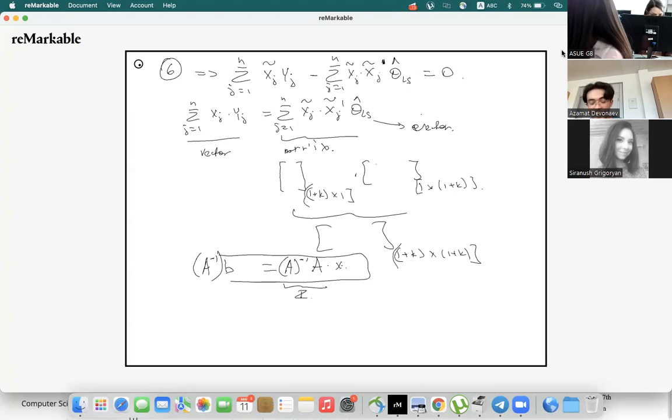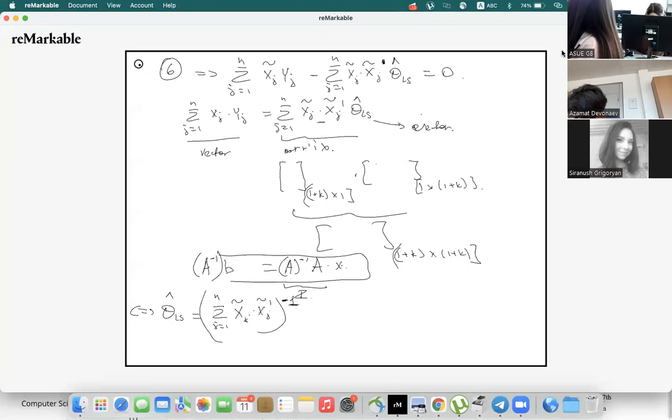So basically what you get is X, which is theta LS. What is it? Just this thing inverse, multiplied by the right hand side.